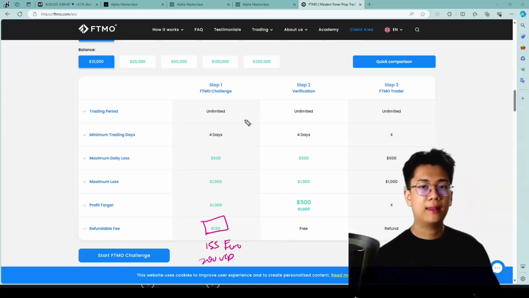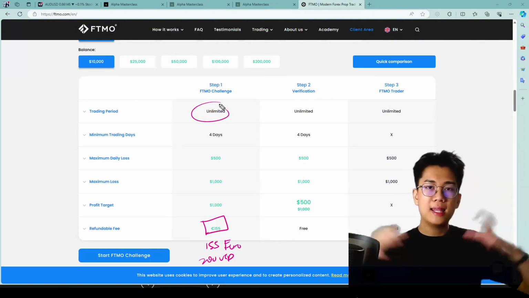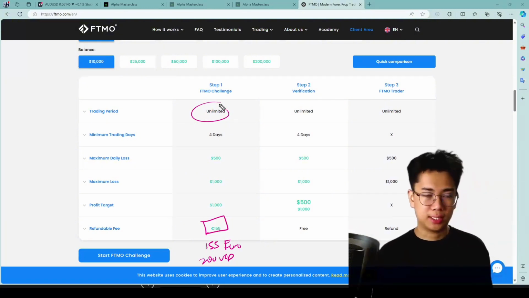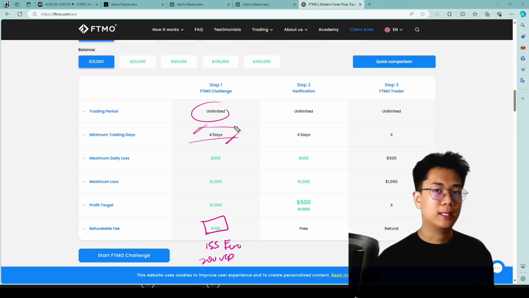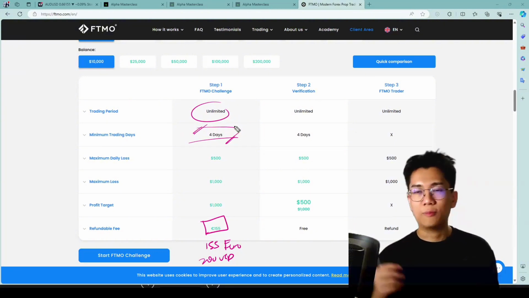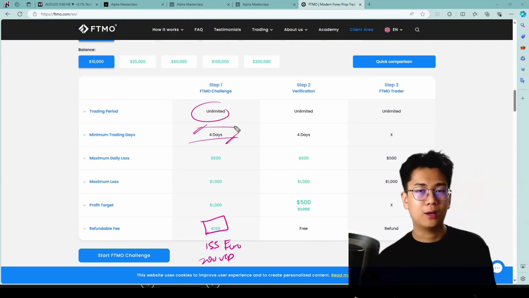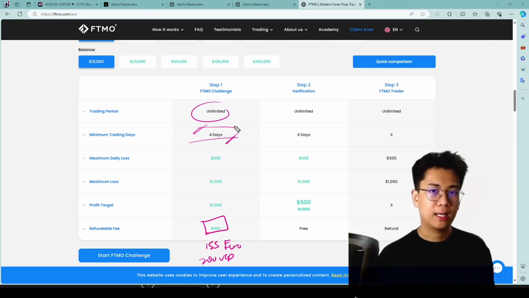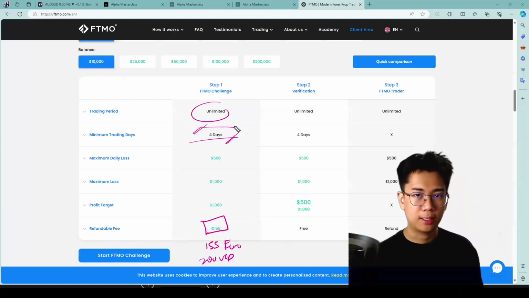Over here, it has unlimited time, meaning you have an unlimited number of times to do the trades. But it requires you to trade a minimum of 4 trading days. These 4 trading days could be today, next week, the week after that, or every day also can. As long as you can prove 4 days of opening trades, it's fine.